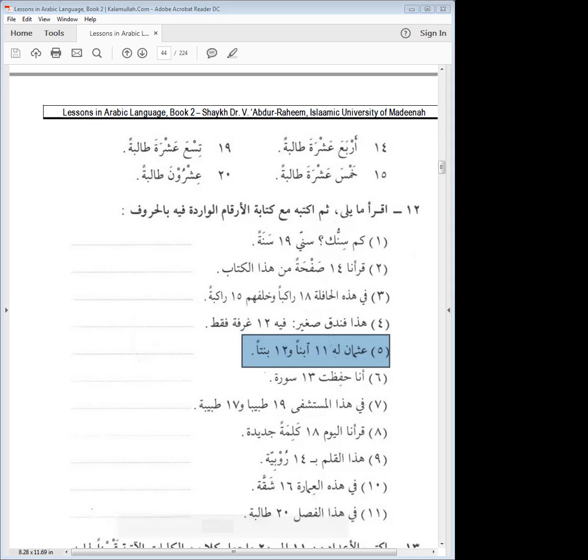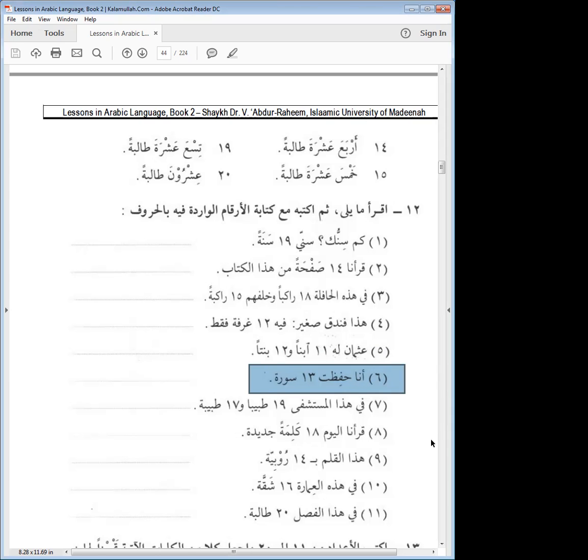Number 6. رقم 6. أنا حفظت 13 سورة. Now, so here you put a sukun on the lam.